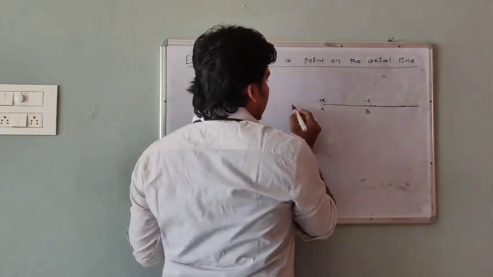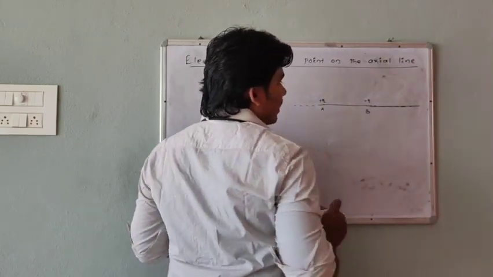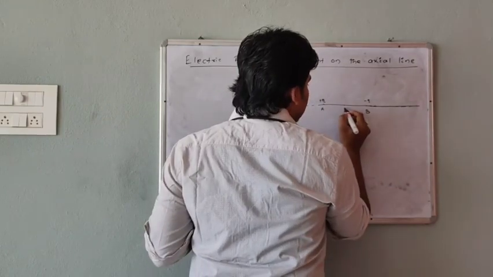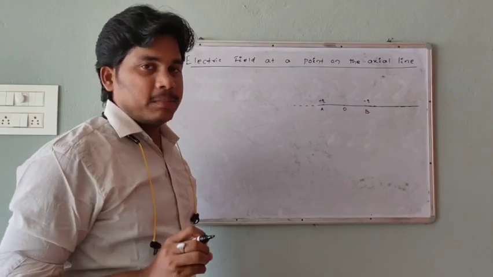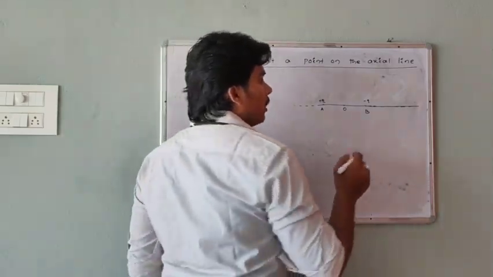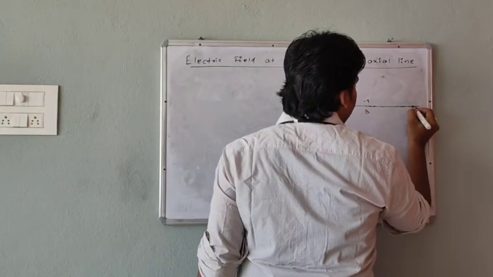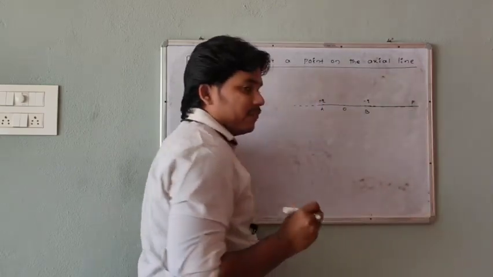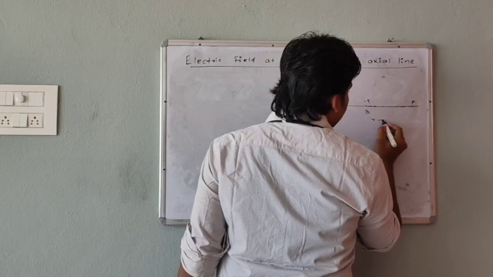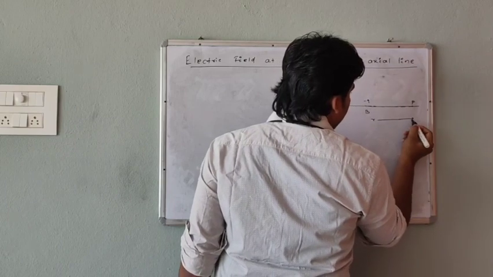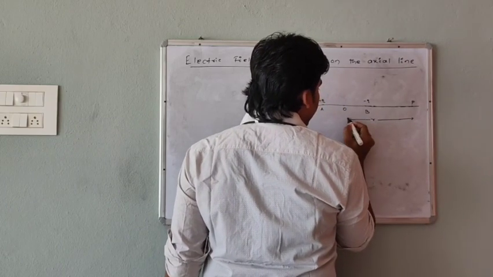This is the center of the electric dipole. Now we will find the electric field at point P, which is situated at a distance r from the center of the dipole.